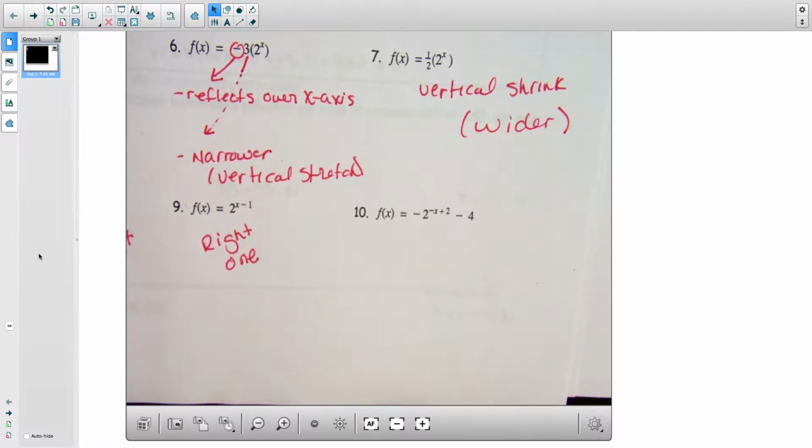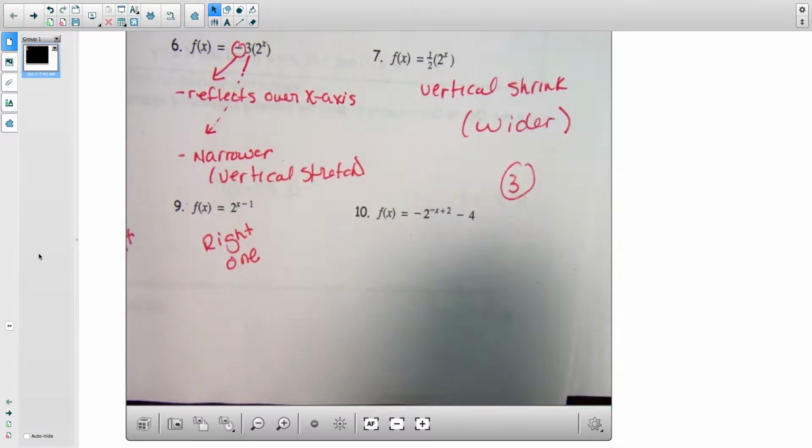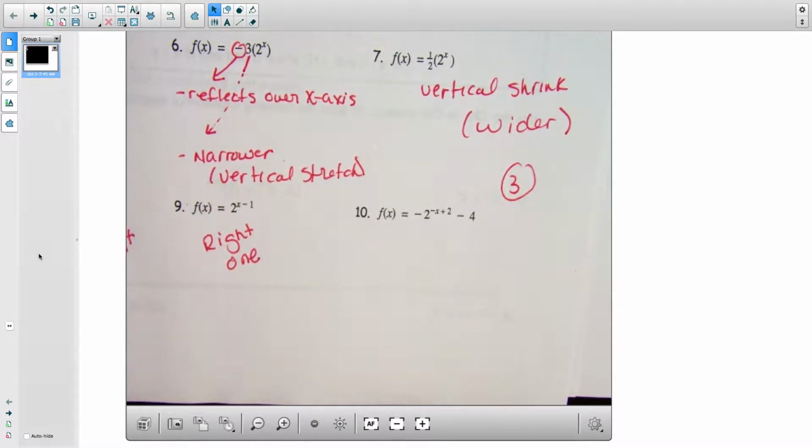Sylvia, how many transformations do I have on number 10? How many? 3. Chrissy, you agree with her? No? How many do you see? 4. Okay. So we've got 3. Sylvia, what are your 3?